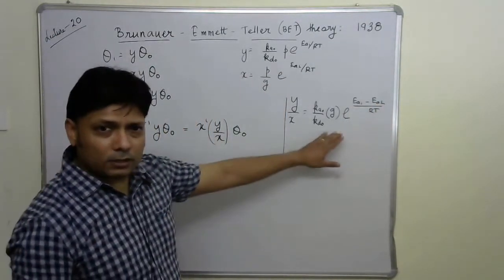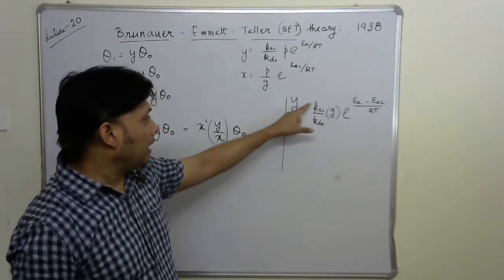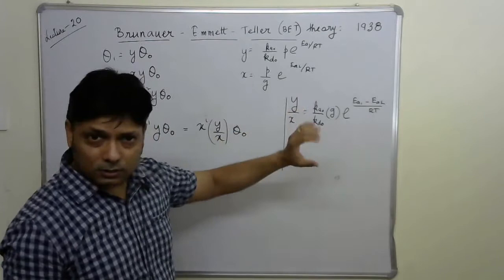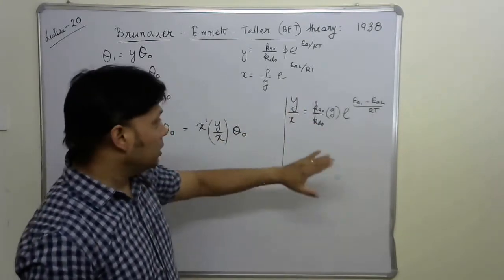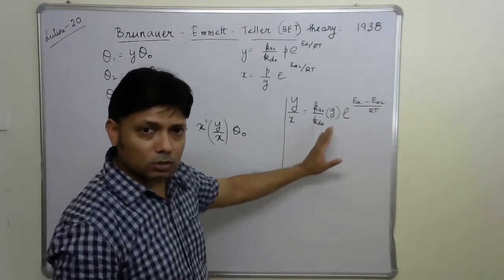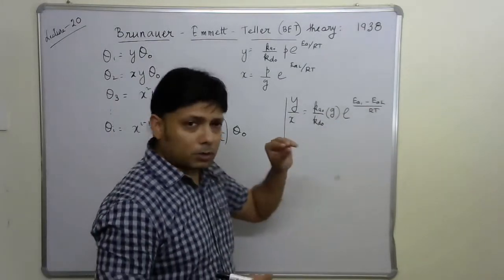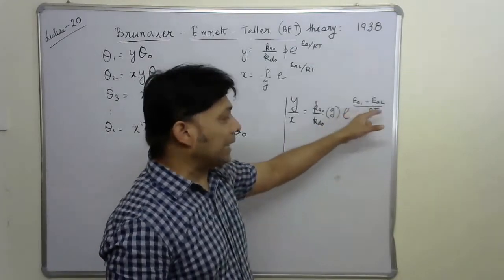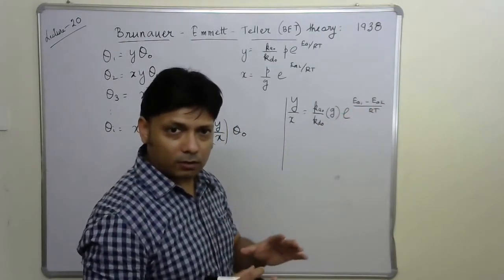So if you look at this expression here, ka naught divided by kd naught is a constant, some equilibrium constant. G, we have already decided that G is another equilibrium constant, so means constant. Now for a particular adsorbent-adsorbate pair, EA1 and EAL are also constant, right?